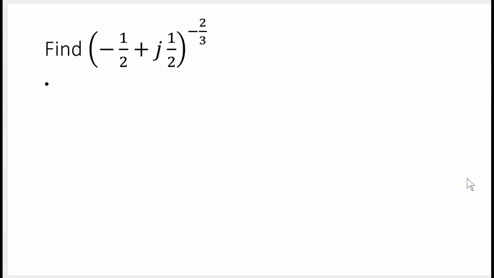Okay, we'd need to change it into polar form first, but we also should note that we've got 3 roots. So negative a half plus j half is going to equal 2 to the negative a half.